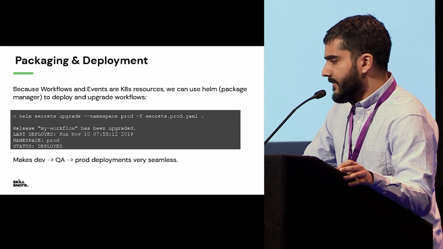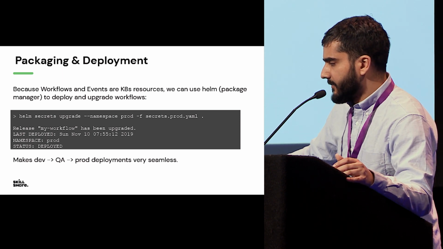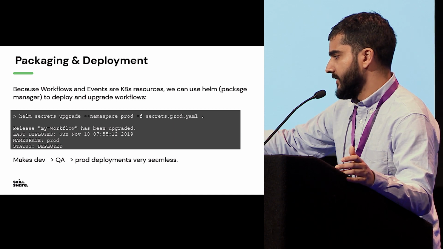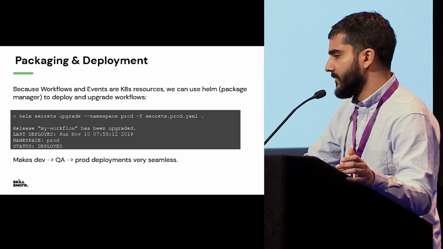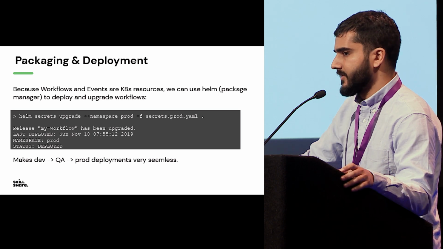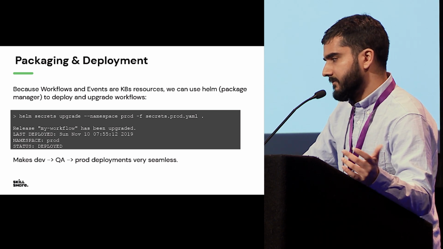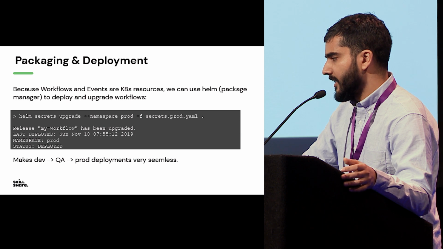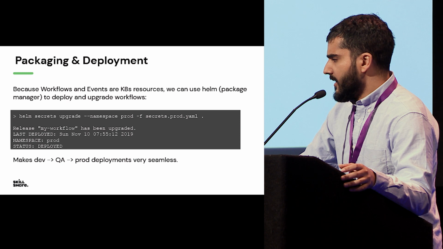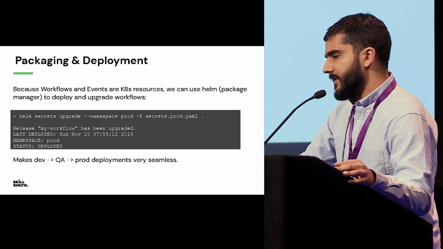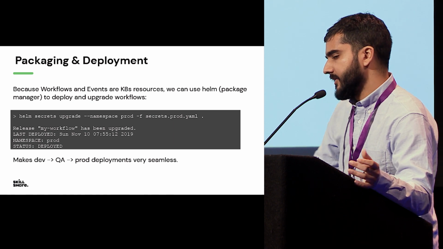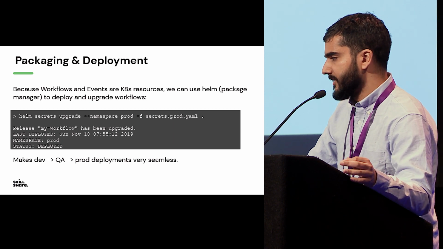This also makes dev, QA and prod deployments very seamless, because let's say we wanted to test out a new version of a workflow in dev, we would just do a Helm upgrade against our local dev cluster running on our laptop, rerun the workflow, see how it works, and same thing in QA and prod environments. This can also be useful if you're worried about interactions between workflows. In our case our workflows are pretty separate, so we package them up individually.